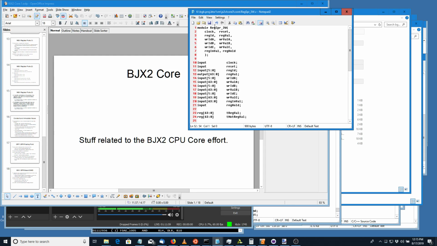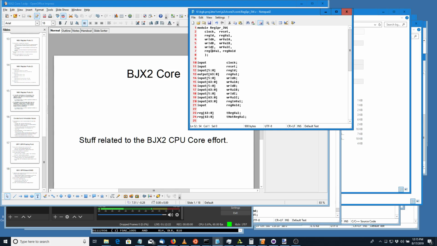Namely, there's a module which accepts the 3 write ports and has a combined register ID and value. The register ID is mostly a self-identification for which register we're dealing with, so it's typically a constant.